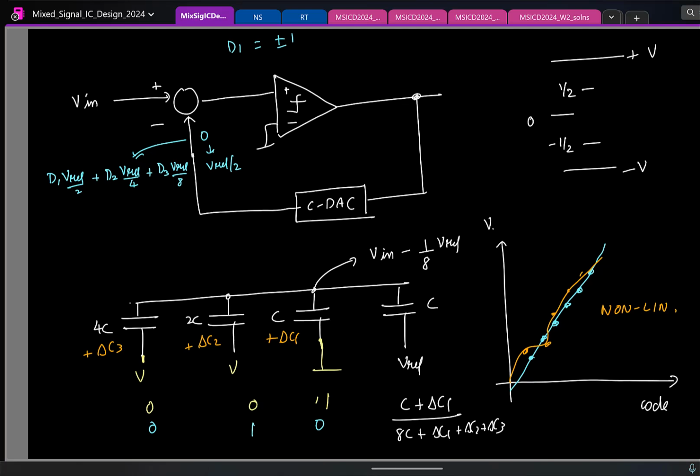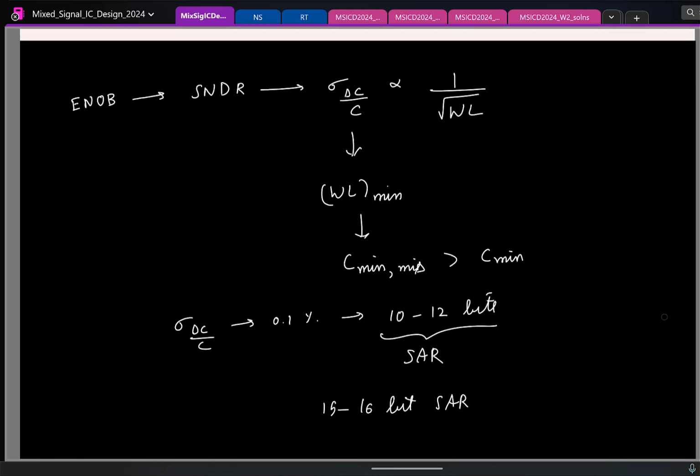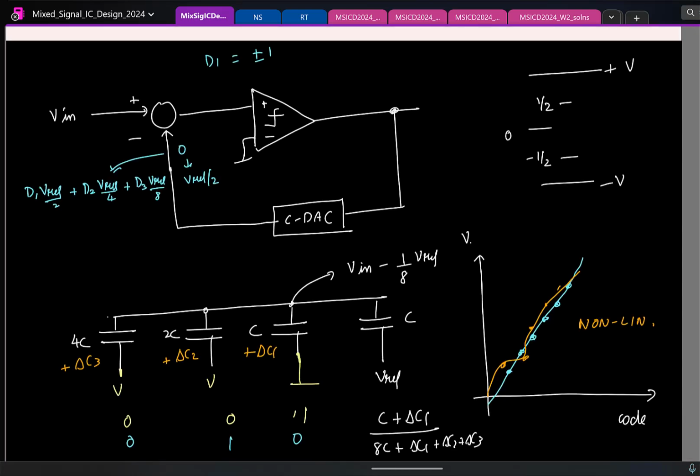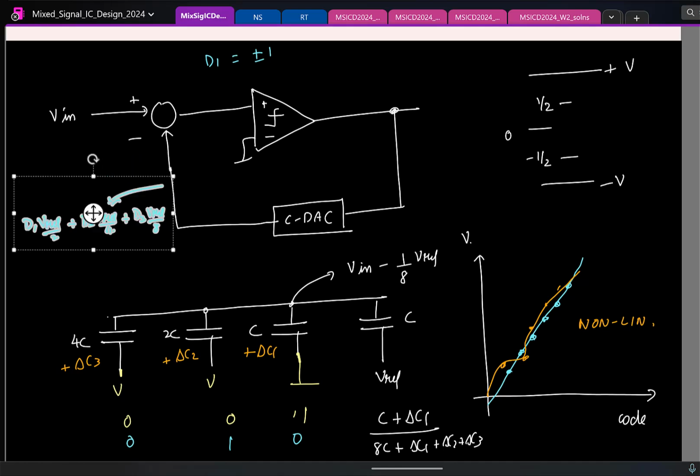So let's look at this block diagram. Here I have written what will happen if the capacitors are not mismatched. It is properly linear, right? Now let us say there is mismatch. If there is mismatch, you know that the weighting factors are no longer 4, 2, 1, and so on.